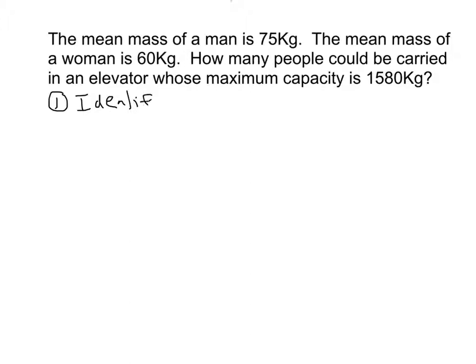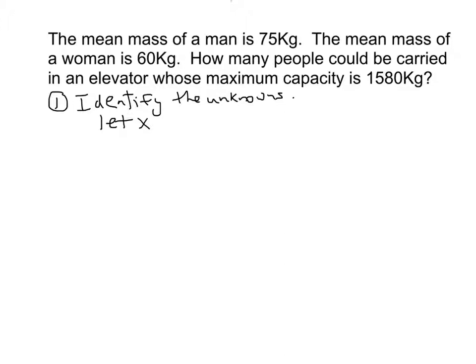Identify the unknowns. So we're going to say, okay, well, what don't we know? So the variables are going to be: let x, what's one thing we don't know? In this situation, we know how much a man weighs. It tells us a man weighs 75 kilograms. Oh, how many men?